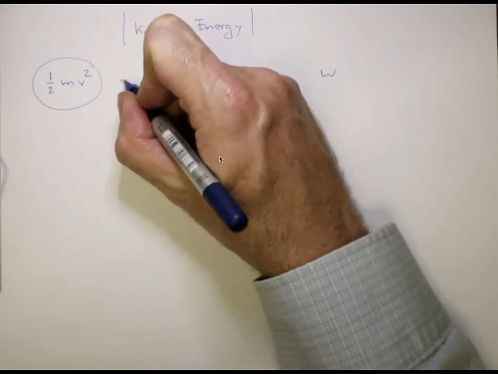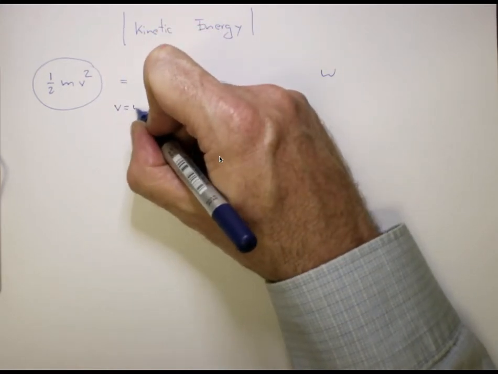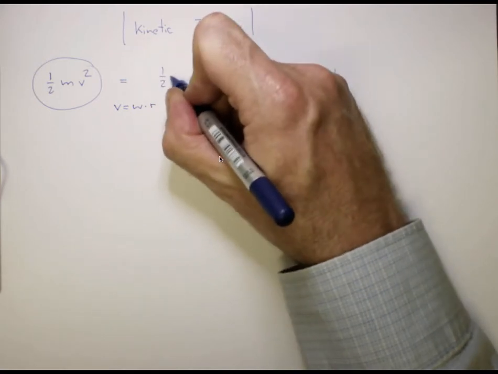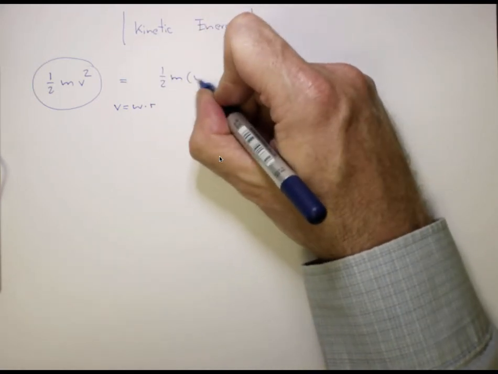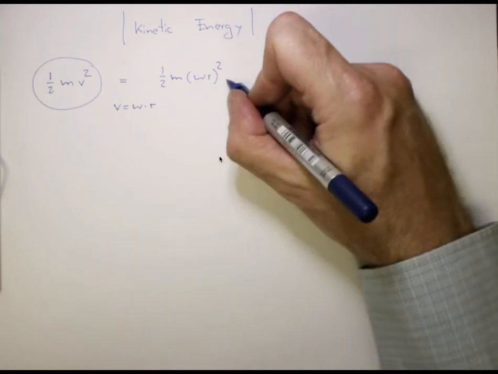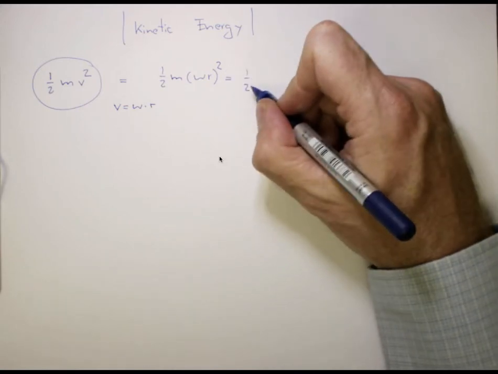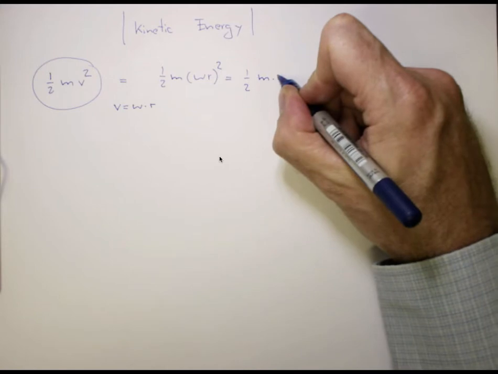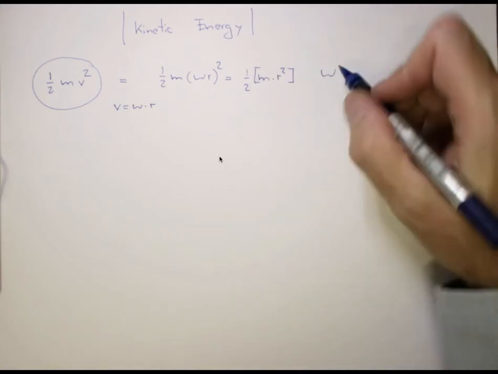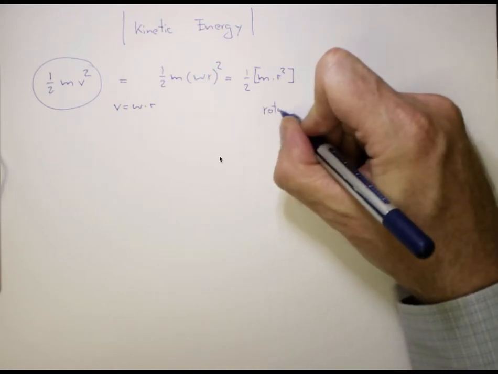We substitute for v squared with v equals omega times r, and obtain 1/2 the mass times (omega r) squared in brackets. And we can rearrange this, and we find that that's equal to 1/2 m times radius squared, which we consider together, times omega squared.